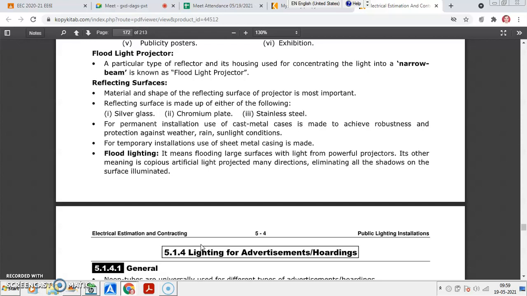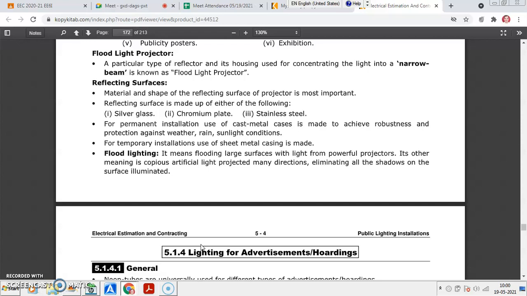When a permanent structure of the flood lighting is there, then you have to take care of corrosion, erosion and all this, and use the right material for reflection. For temporary, you can use sheet metal, or you may have stainless steel, because the cost again depends on the type of flood lighting, whether it is permanent or temporary, and the importance of that also.